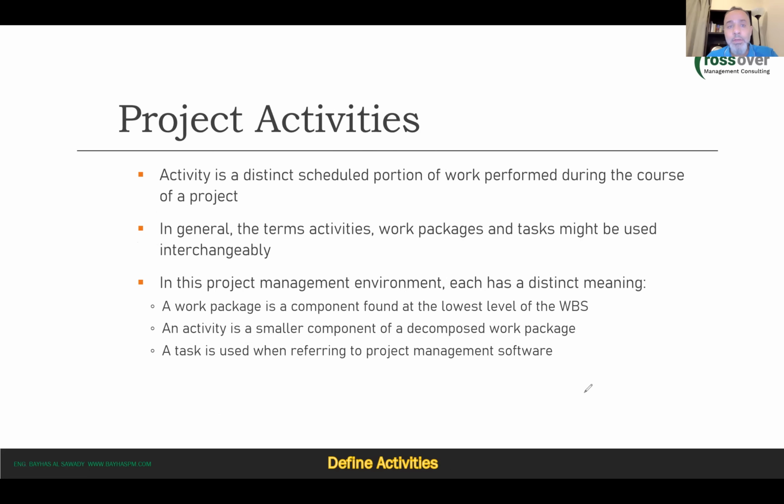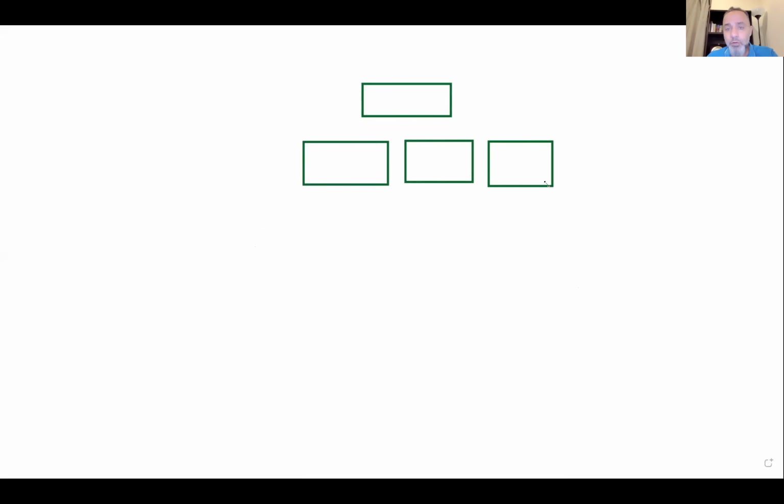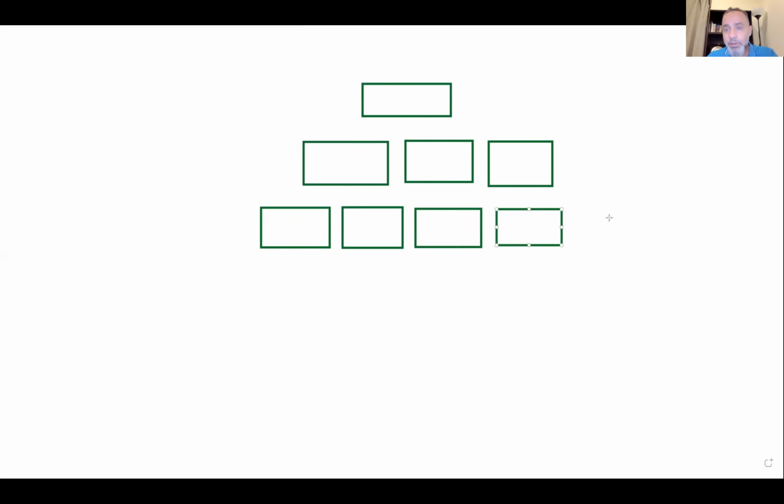Basically, we will benefit from the WBS that we have created, right? We have created a work breakdown structure that represents the scope of work that needs to be done, and we reached the last level of decomposition, which we called the work packages, right?